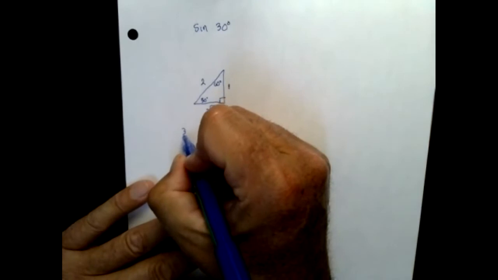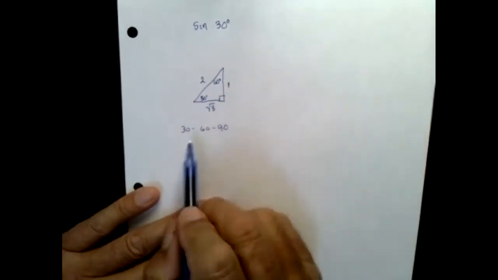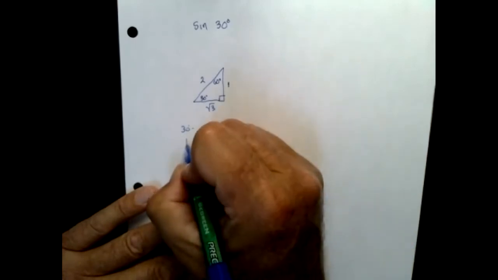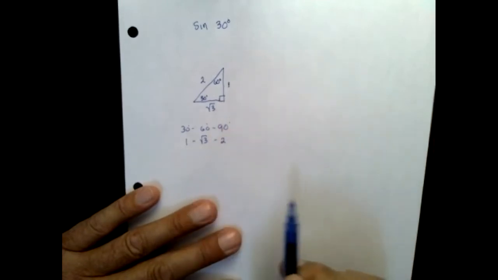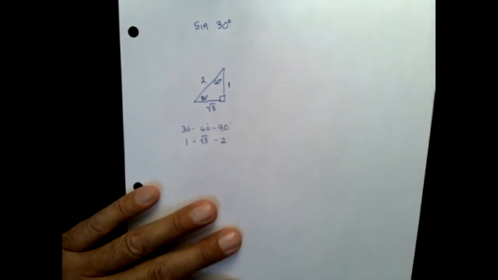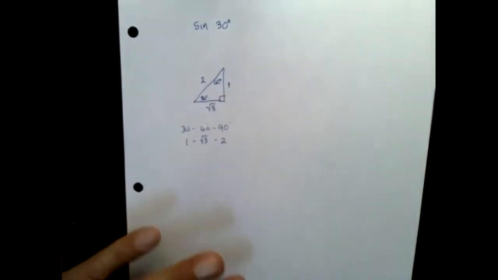Again, that was the 30, 60, 90. As the angles got bigger, from 30 to 60 to 90 degrees, my sides, 1, square root of 3, and 2, got bigger. Again, these weren't proportionally bigger, they just got bigger. And we went through and looked at why all of that happens.